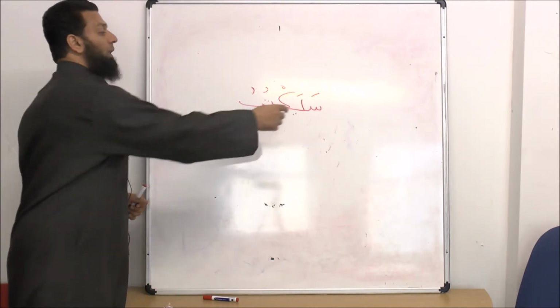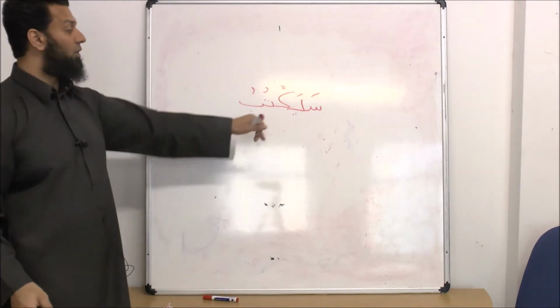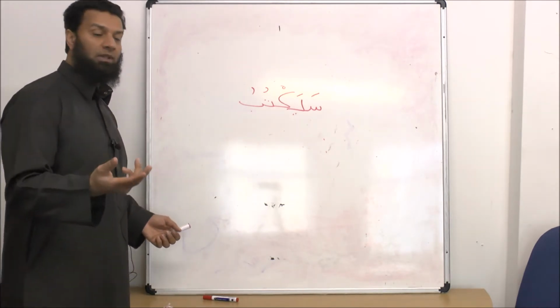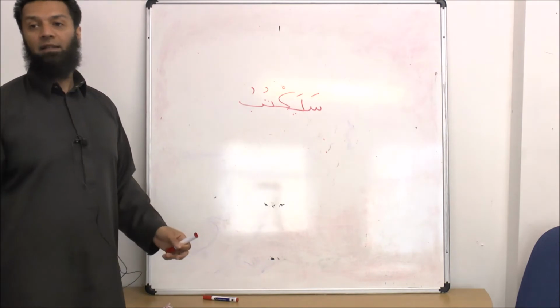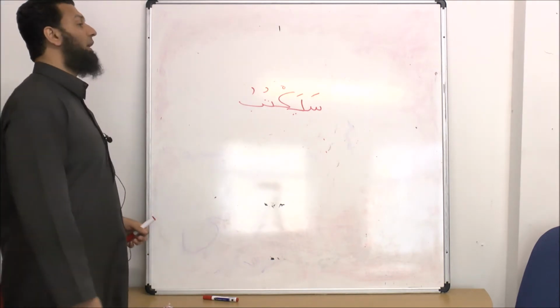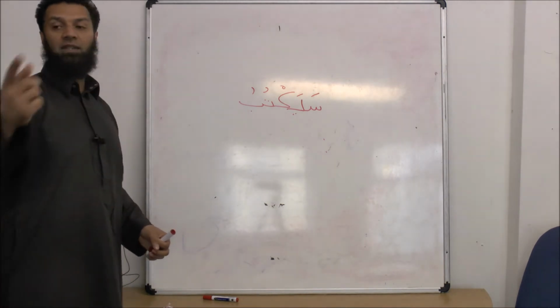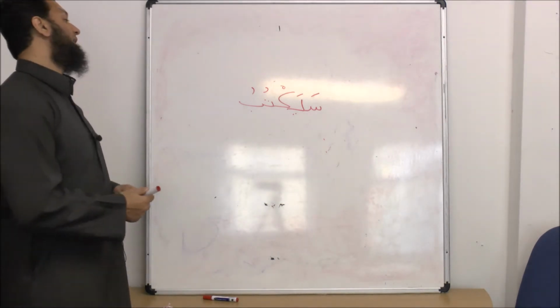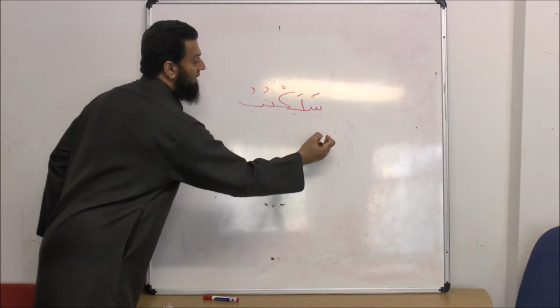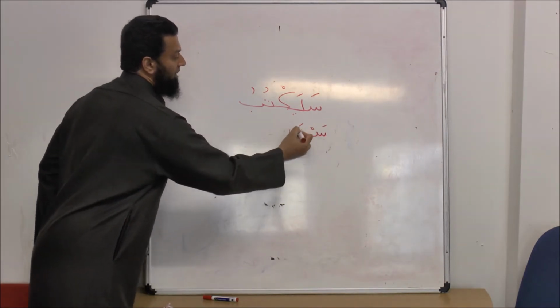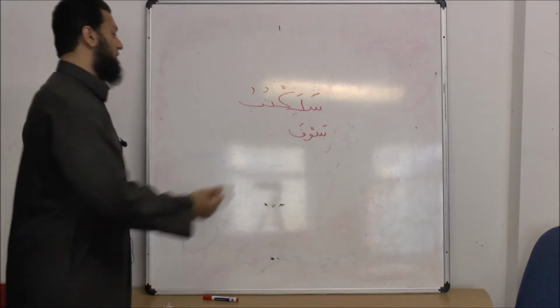So therefore, whenever you see a fi'lul mudari' such as yaktubu or yastaykadu, and it begins with the seen, then you know it means will. It relates to the future. Then we have the other method of referring to the future.